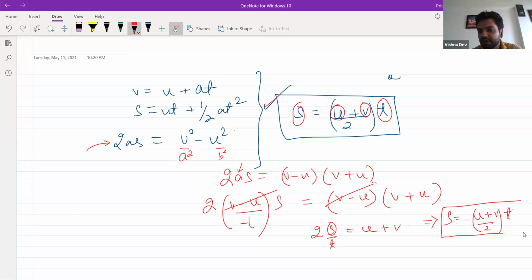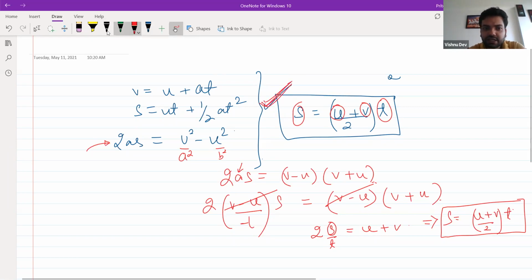Is this understood, how we derived this? It's not important to remember this derivation, I just showed you. But yes, if I give you an equation and ask whether it is correct or not, you should be able to get it from another one.